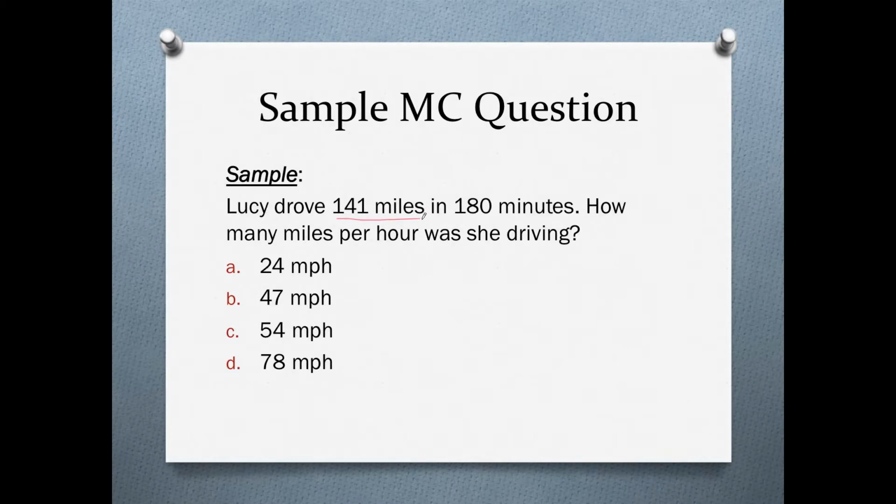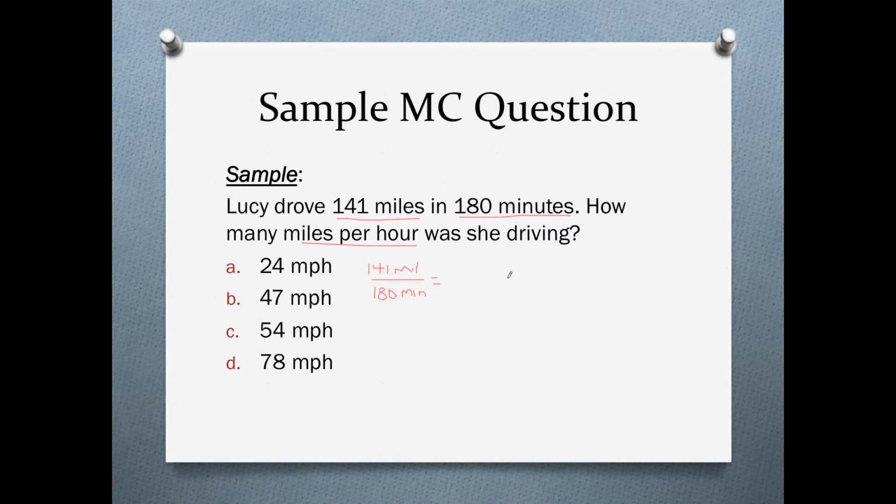If she drove 141 miles in 180 minutes, that's a rate, and I know that I can set that up as a fraction. So we have 141 miles over 180 minutes. And we want to know how many miles per hour she was driving.